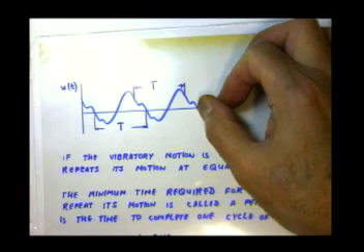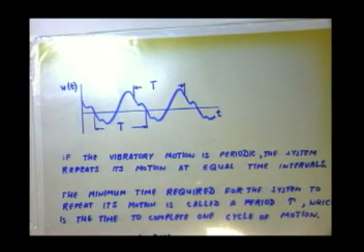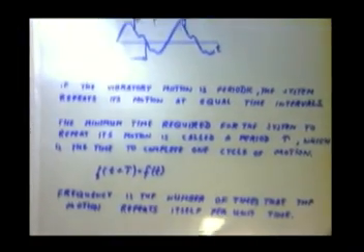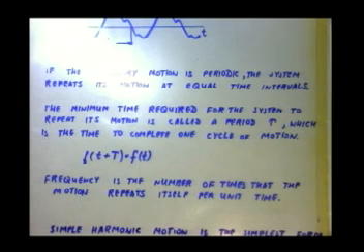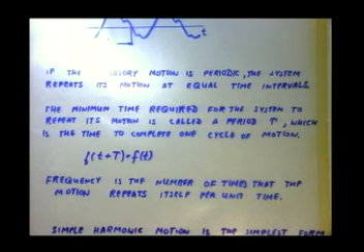So we are interested in how many times the system repeats itself in a unit time, say in 1 second or in 1 minute or in 1 hour, etc. So that is of interest to us. Why? Because this talks about frequency. Frequency is a number of times that the motion repeats itself per unit time.